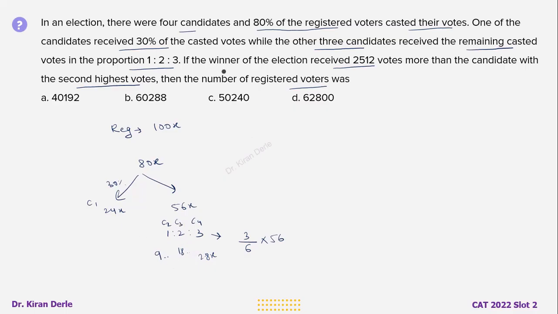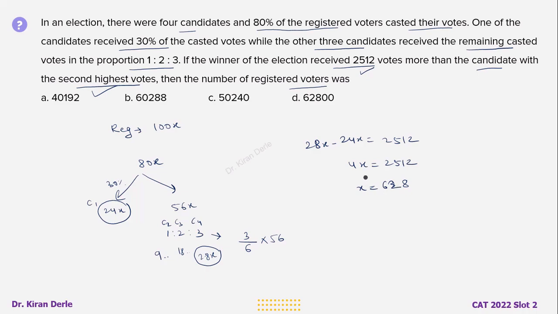What we want is that the winner of the election received this many votes more than the candidate with the second highest votes. It is clearly seen that this is the winner and this is the candidate with the second highest votes. So winner minus second highest votes, the difference is 2512, or 4x is equal to 2512, or x is equal to 628.